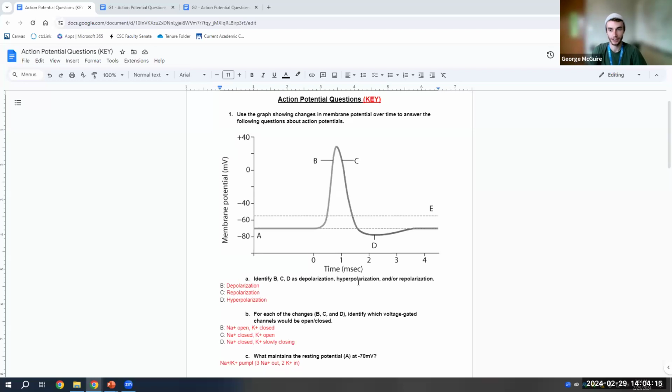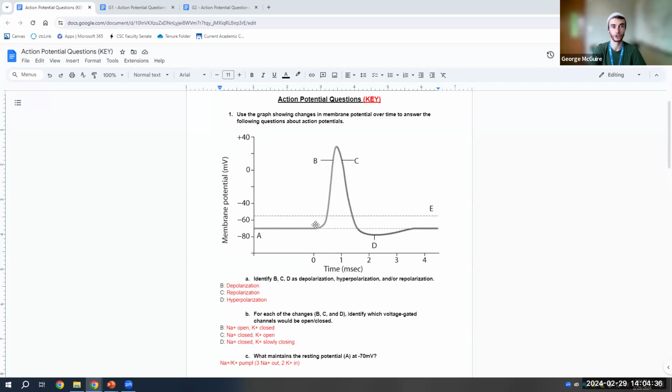And so in part A, I ask you guys to label B, C, and D as either depolarization, hyperpolarization, or repolarization. And so depolarization, if we deconstruct that word, we're assuming that this is starting off as being polar, which it is.